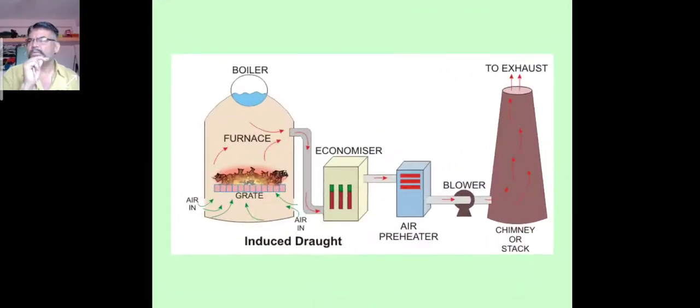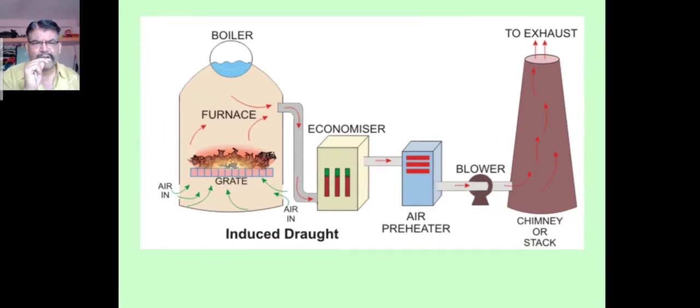Now the important diagram of the induced draught: you can see the position of the blower is important. The blower is placed near the base of the chimney, so that the flue gases from the furnace come into the economizer, then go to the air heater.